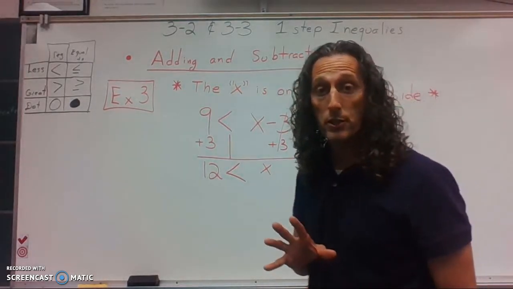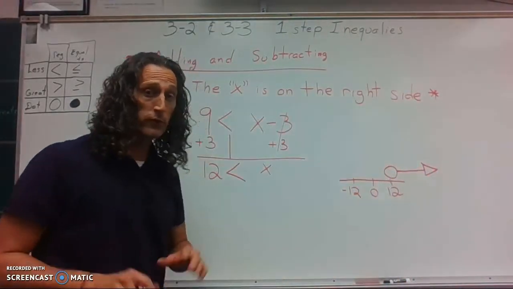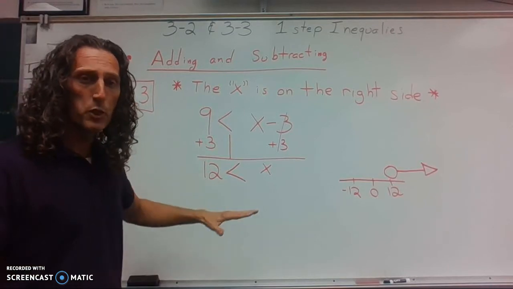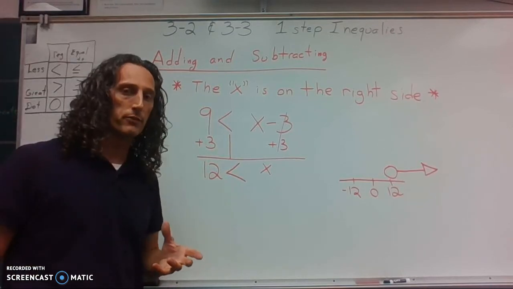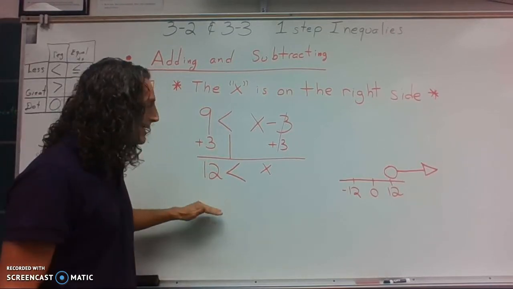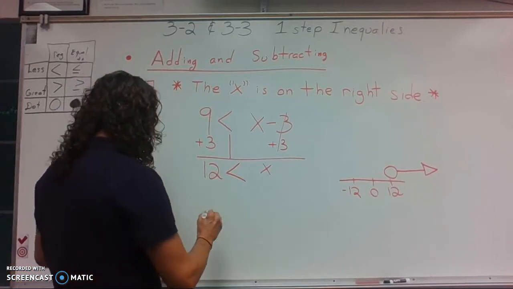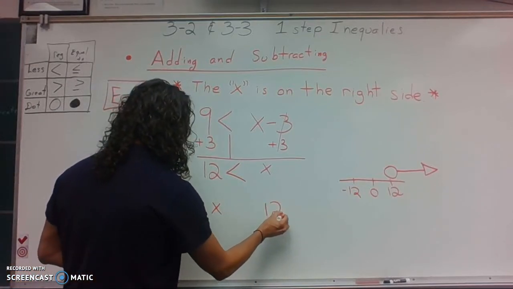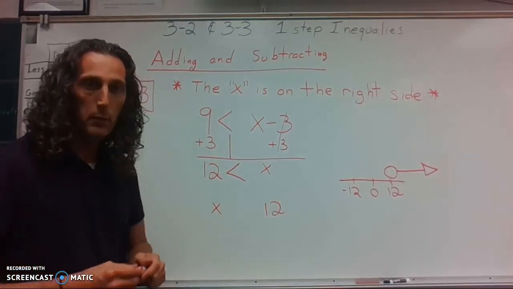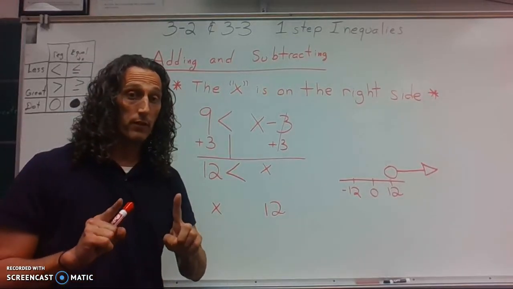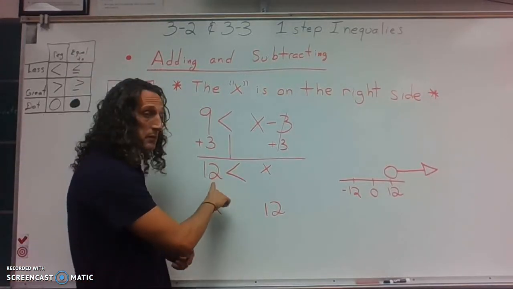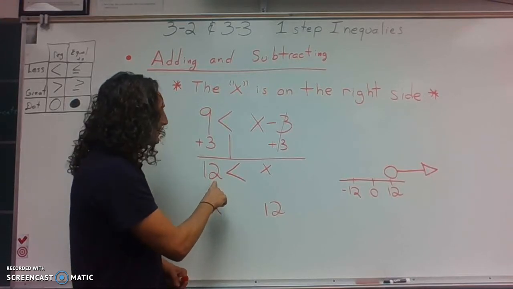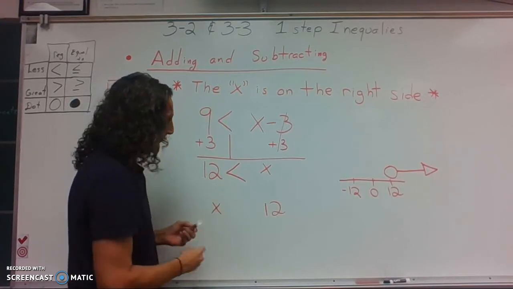Now here's something else that you can do about that. So first, always solve it. But you can change the perspective. I can still come down, I can put the x first, and I can put the 12. But be very careful here. The 12 is being pointed to. It has to stay being pointed to.